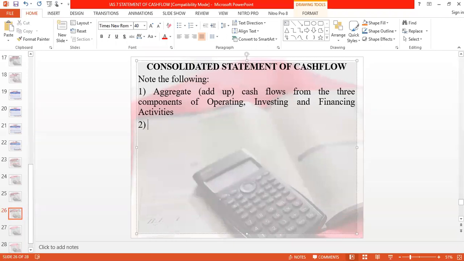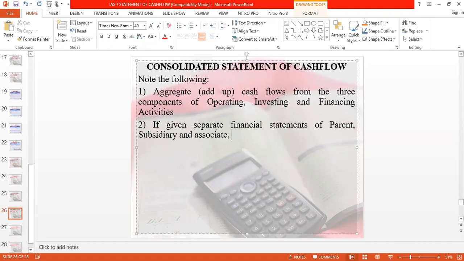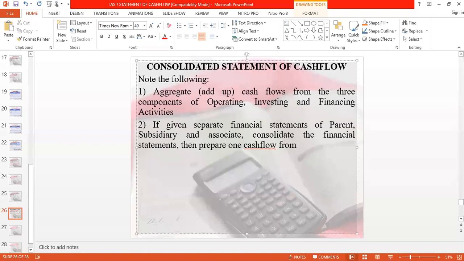So if you have been given separate financial statements of parent, subsidiary, and associate, consolidate the financial statements, then prepare one cash flow from the consolidated income statement and statement of financial position. That is the second point I'm trying to make.